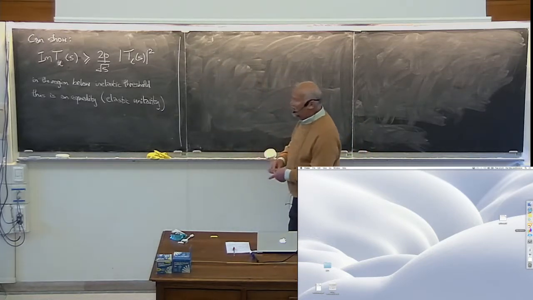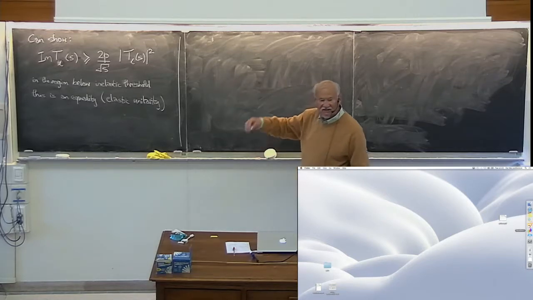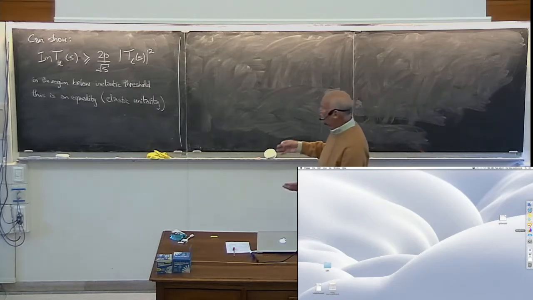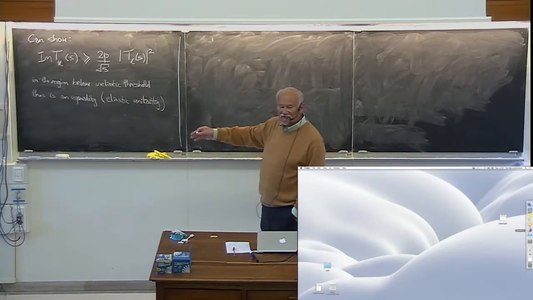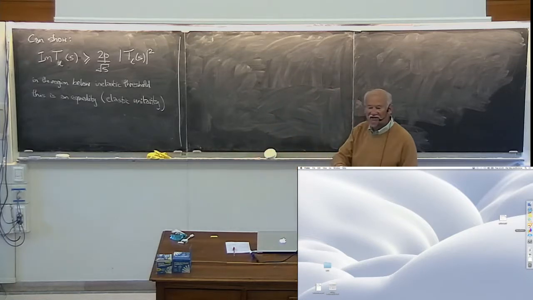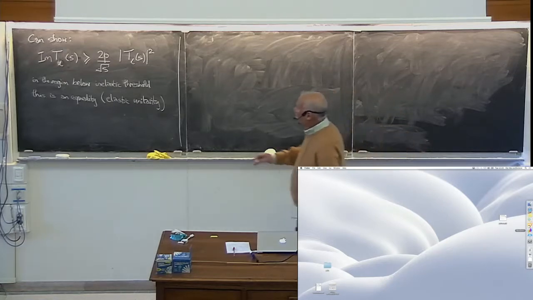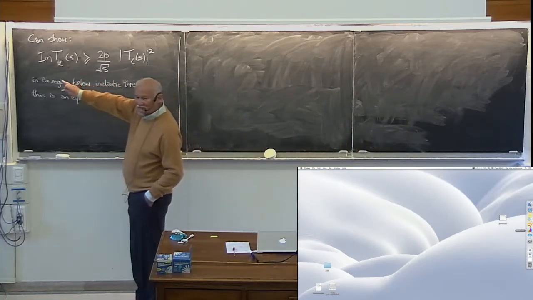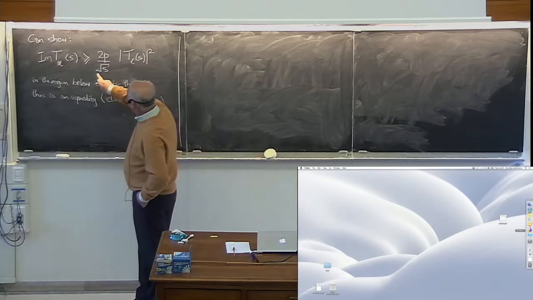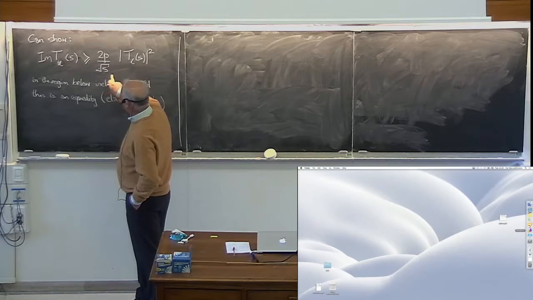Though I've done this for spinless particle scattering, it applies for the equivalent for any process, pi n to pi n or whatever. And let's first look in the region below the inelastic threshold. So for pi n scattering, that would be before you can create another pion. Then this is an equality. That's the first thing we're going to do. The second thing, so you know where we're going, is that you see there is this factor here.